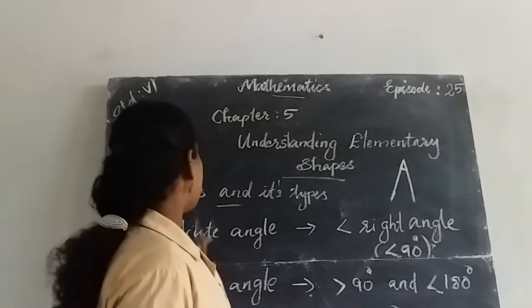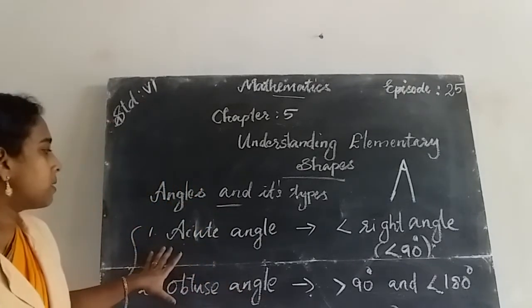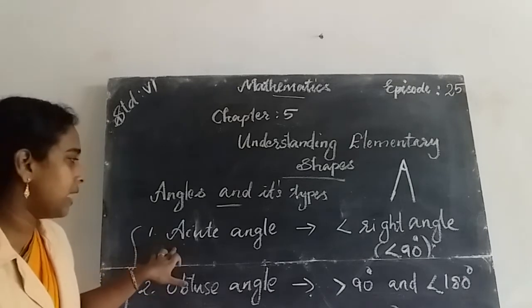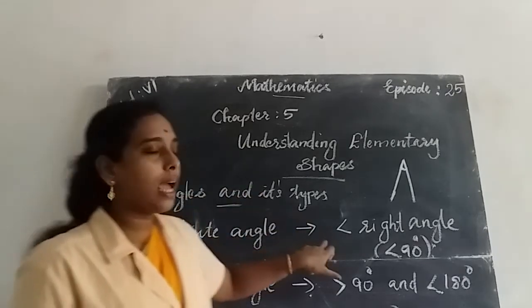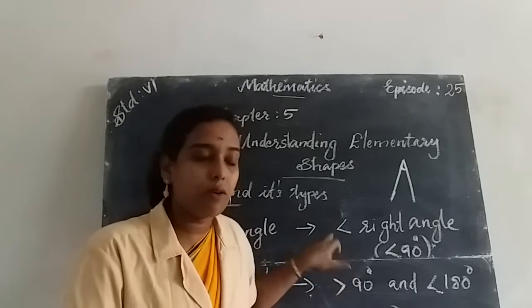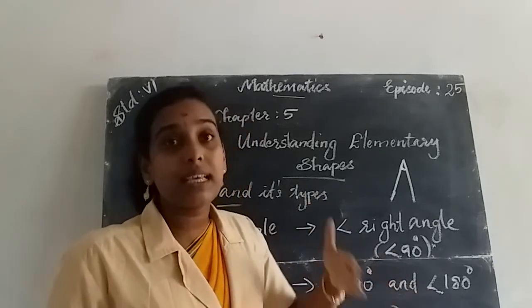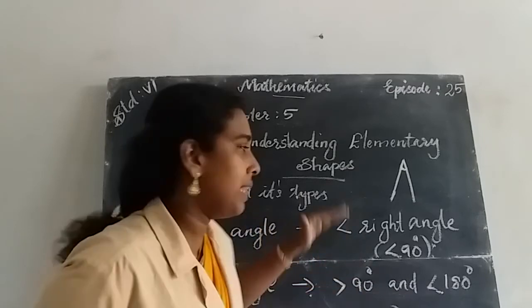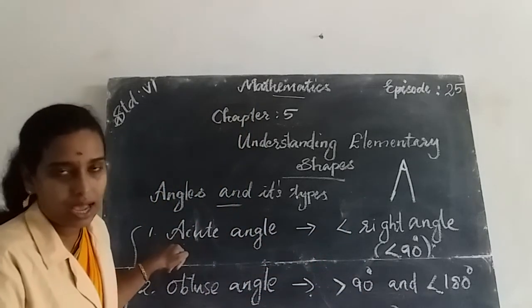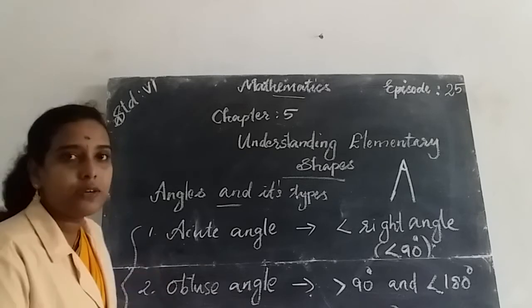So the angles can be classified into three types based on degrees. The first one is acute angle. Acute angle means the angle measures less than a right angle, which means the angle measures less than 90 degree. Then the second one, obtuse angle.